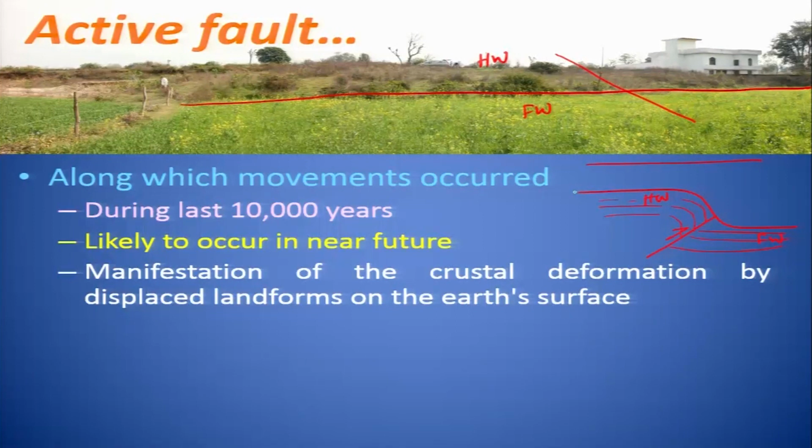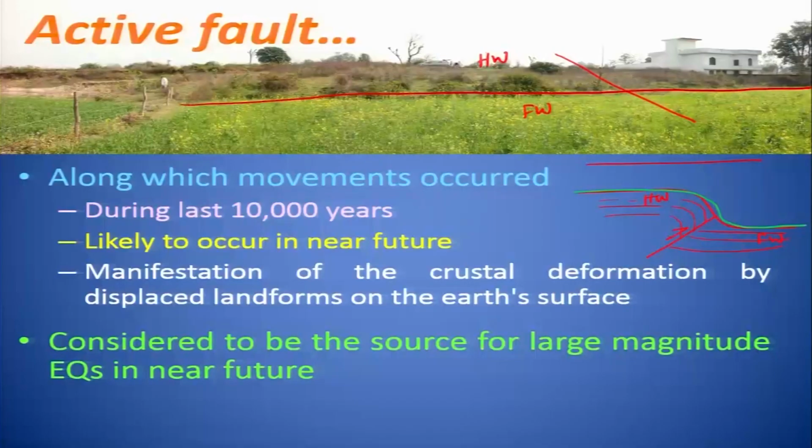So, what we see, this is your surface here, and we understand that this will move in future also, okay, because there is an ongoing convergence between the two plates, and a lot of strain is getting developed. And these are the locations which are considered to be the source for large magnitude earthquakes.